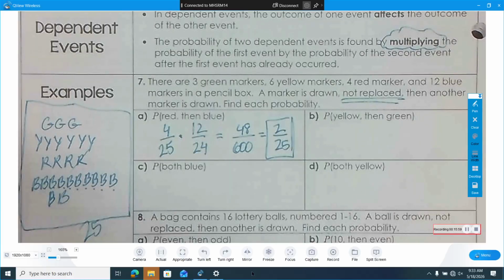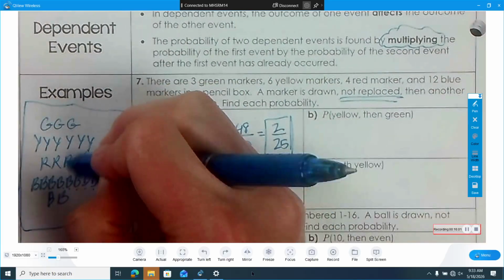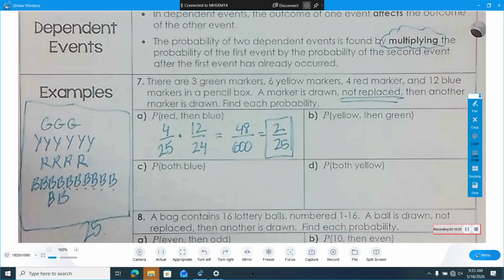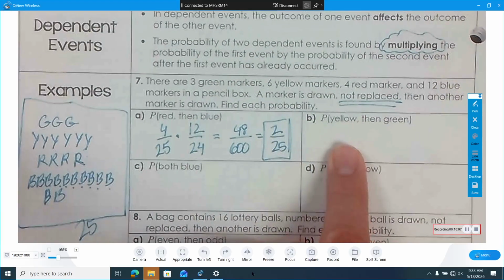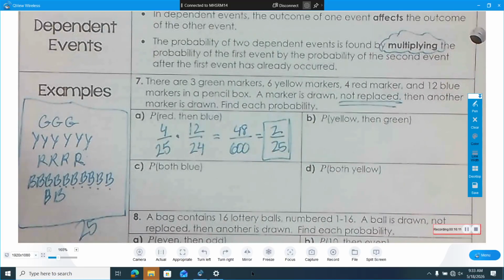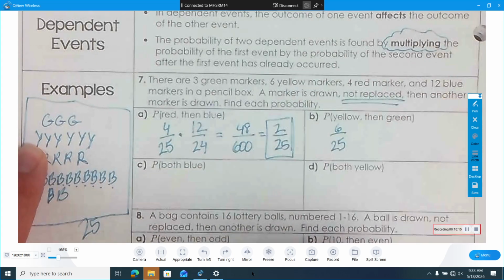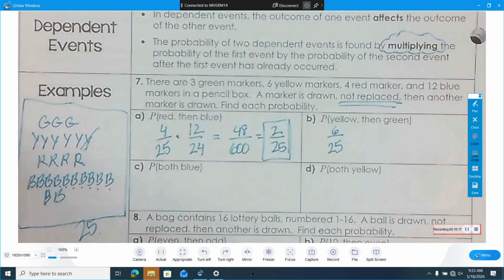All right. So I'm going to put my marbles back now. I'm restarting with full marbles. So what's the probability I draw a yellow marble? 6 out of 25. There's 6 yellows out of 25. Let's say I draw one of them. I got one. I don't put it back.